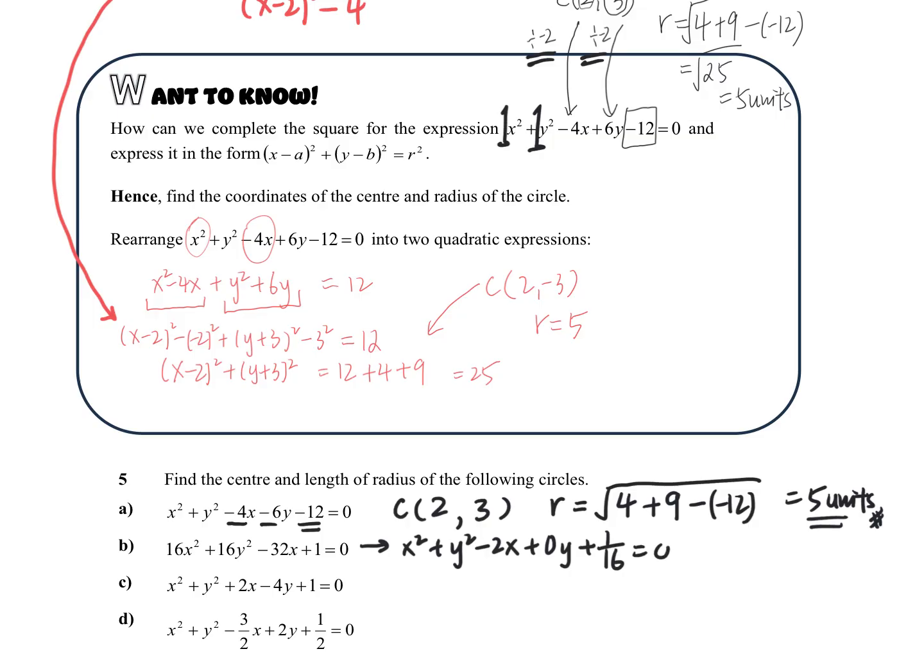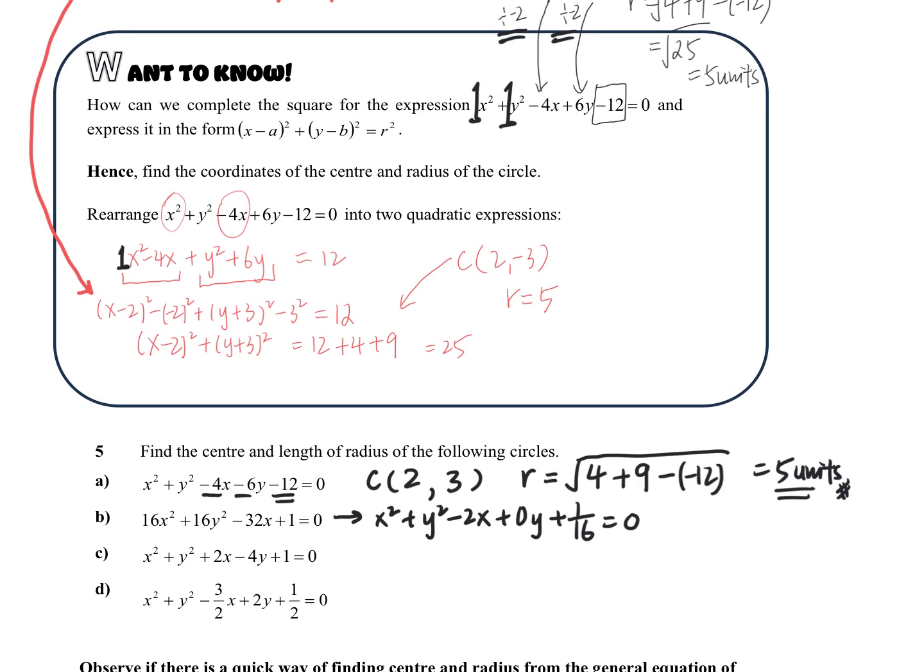So change your equation to this first before you find center, before you find radius. Otherwise it will become not nice number fractions. Why so? Because remember when you complete the square, coefficient always needs to be 1. So it's the same thing here.